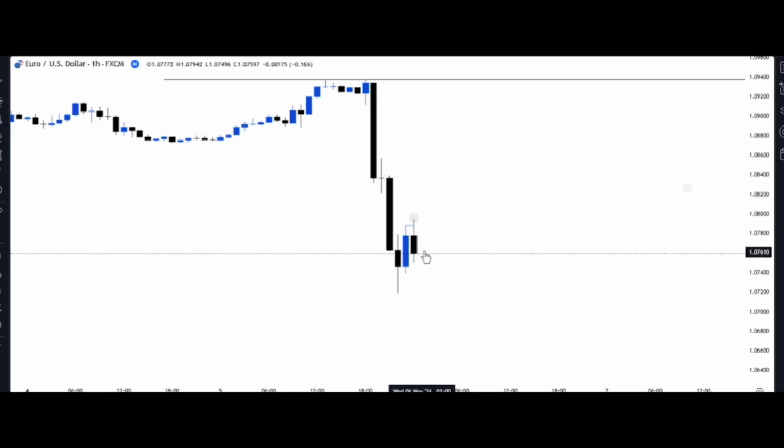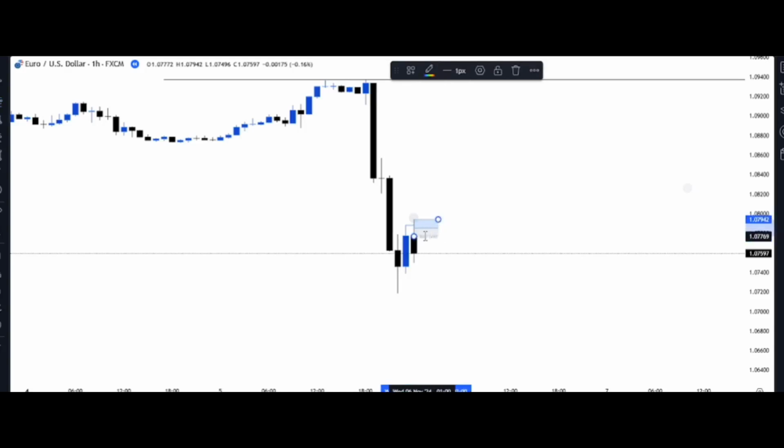Now, what do you do now? You need to mark out the 50% of, the first half of this candle wick. That's going to be our entry zone. So I'm going to use the fib tool now to mark it from this low to this high. So that's our 50%.